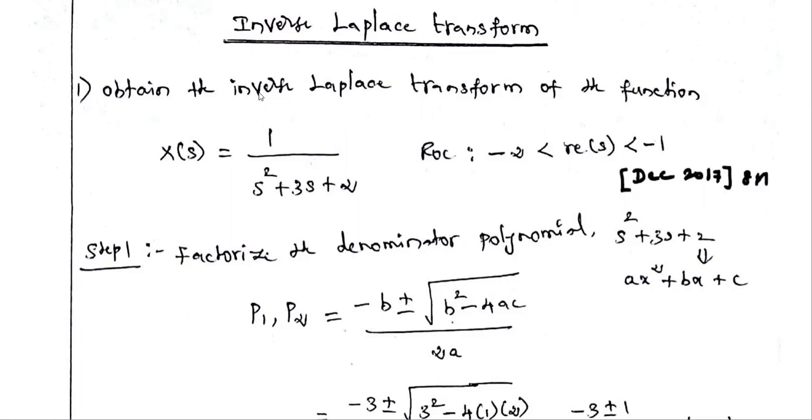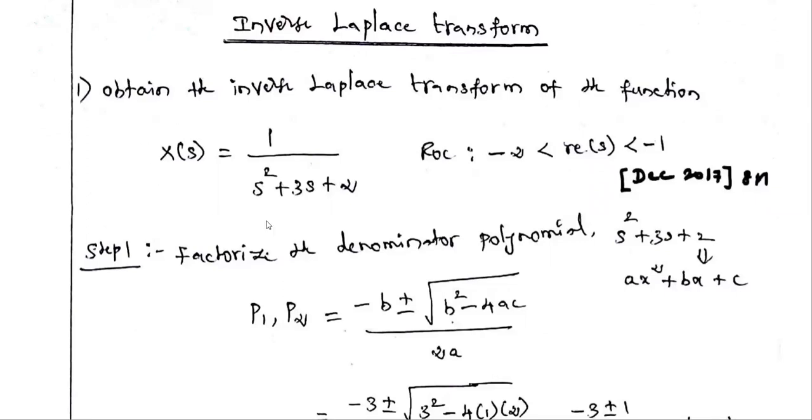So you know, what is the Laplace transform? The Laplace transform is a mathematical tool used to convert the time domain signal into the s domain. The inverse Laplace transform is used to perform the reverse process, that is, to convert the x of s signal back into the time domain signal small x of t.